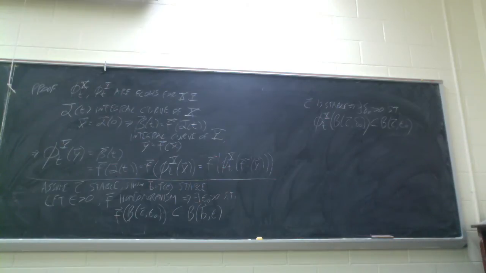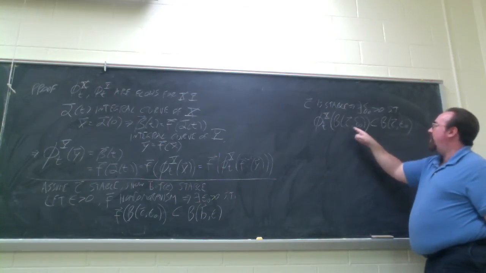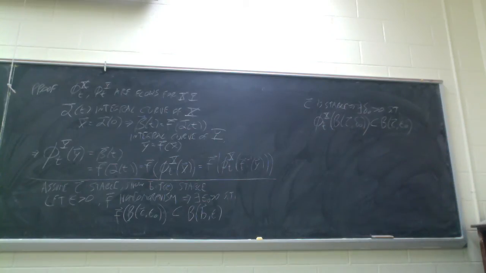So for whatever epsilon naught I have, I can find some delta naught. So in other words, points that are close to C, when I take their flow of them, they're going to be sufficiently close to C.